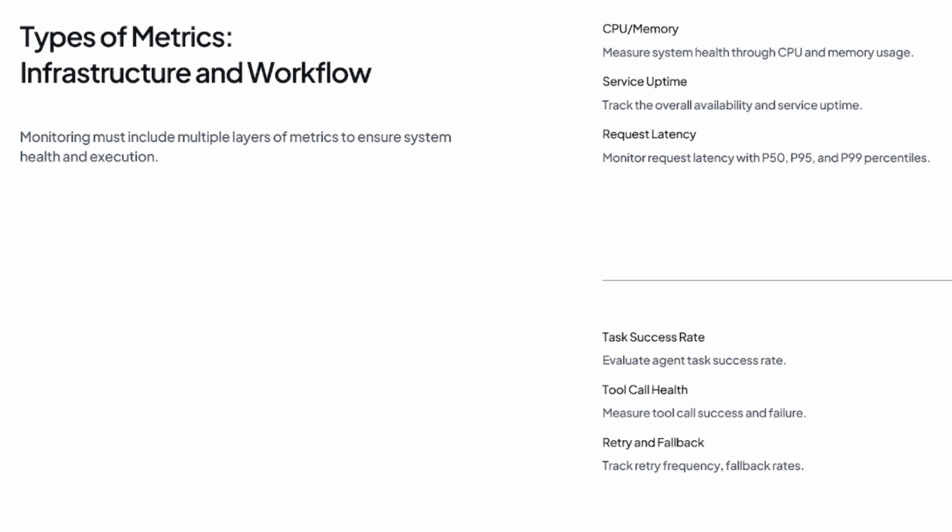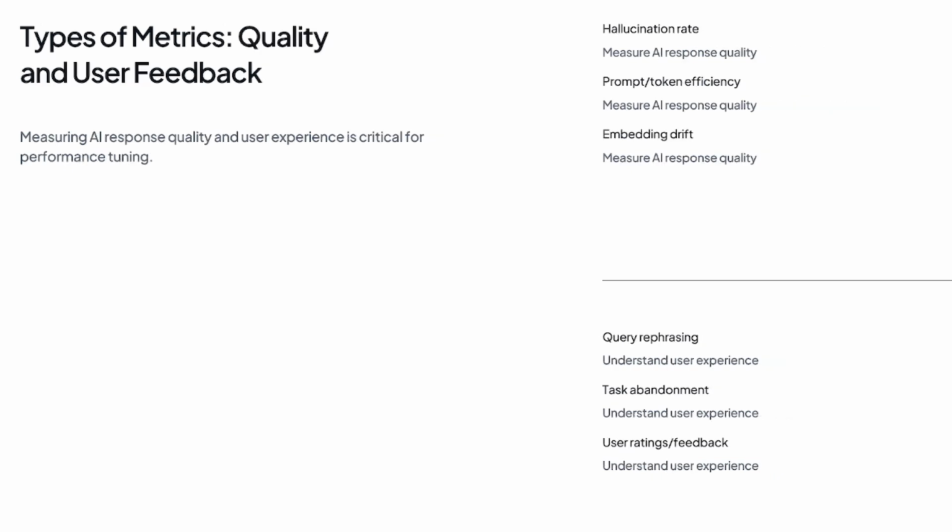You can monitor request latency by defining P50, P95, and P99 percentiles. You can also measure task success rates, tool-call health, and retry fallback loops.